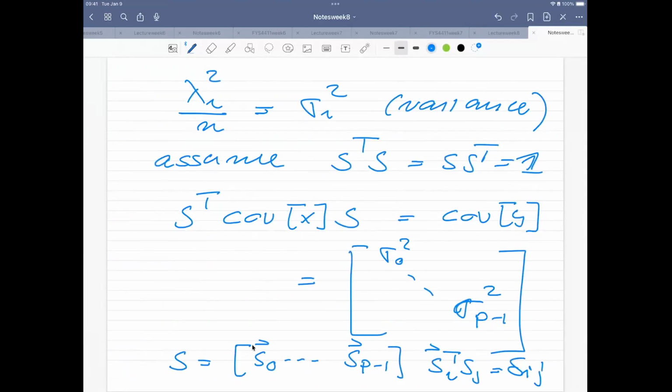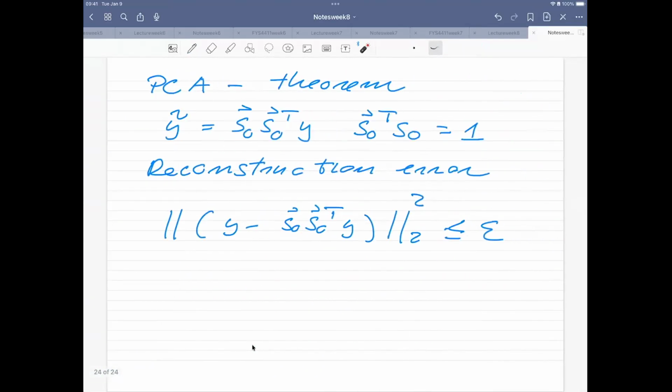So this equation which you see here, you can obviously diagonalize, and you have all the eigenvectors. Or we can construct all these eigenvectors by requiring that the reconstruction error is as small as possible. And this is the proof of the PCA theorem.